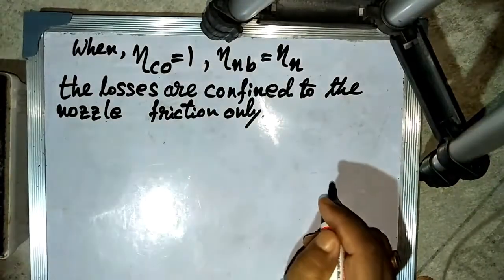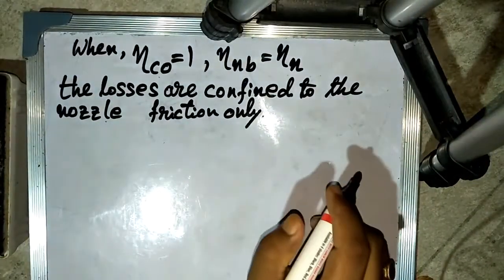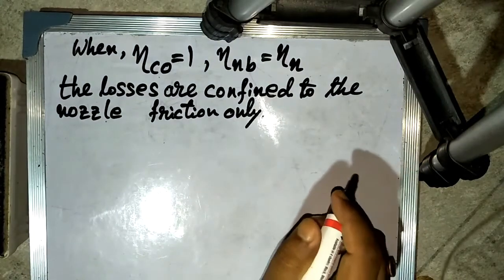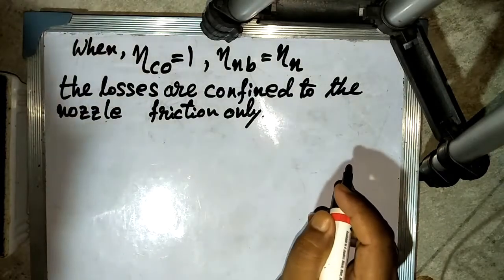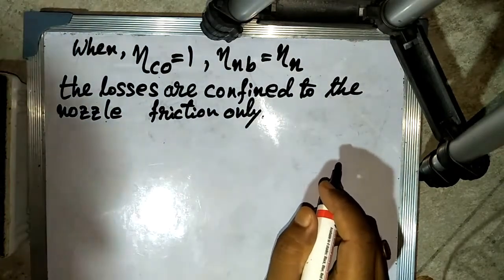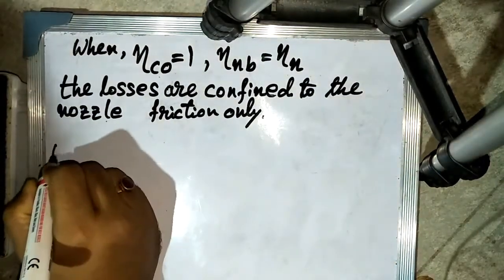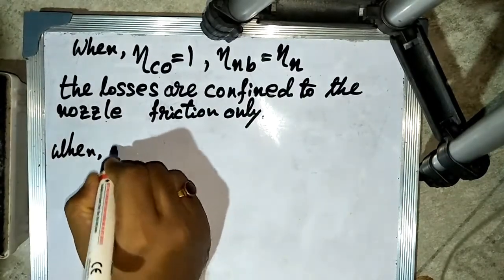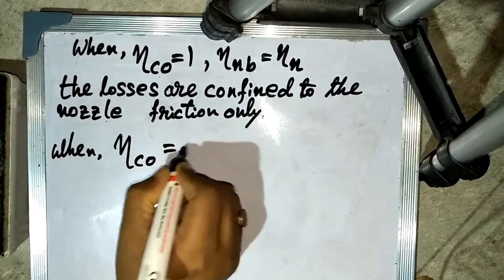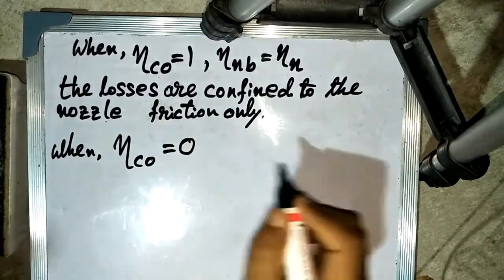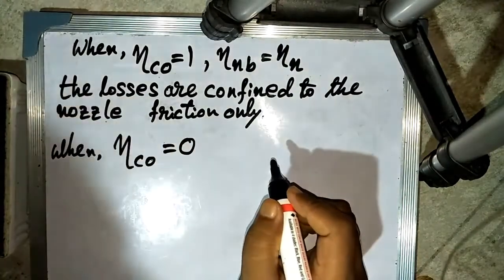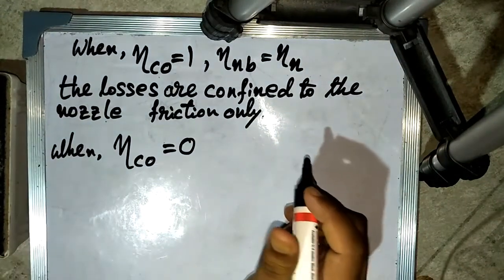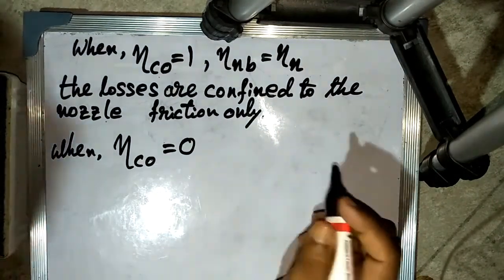When the carryover efficiency is 1, eta NB equals eta n, that is, the losses are confined to the nozzle friction only. And when the carryover efficiency, eta co, is 0, that means there is no carryover of kinetic energy to the next stage, that means the velocity of approach is 0.